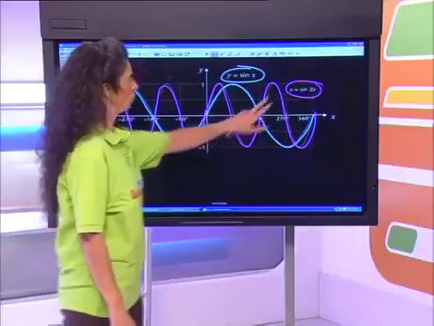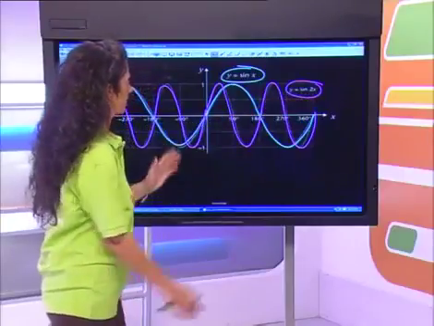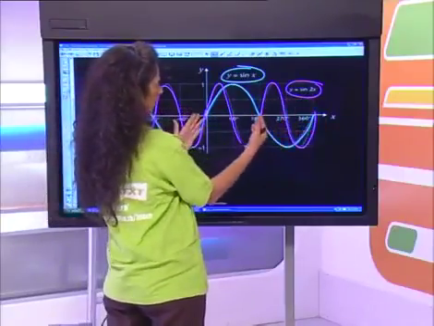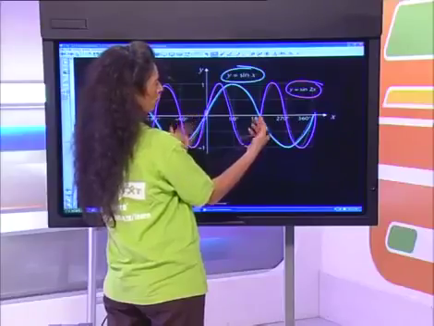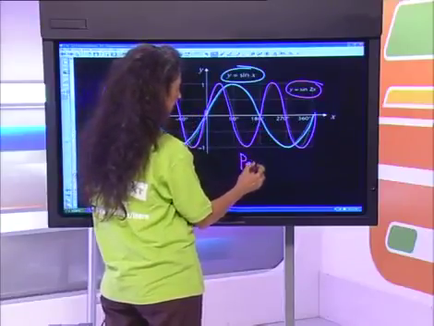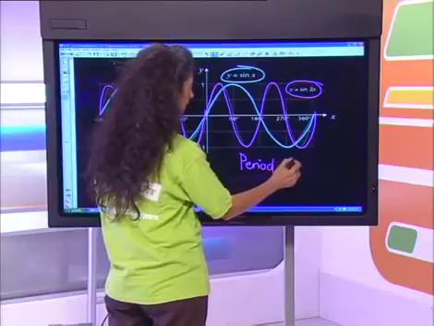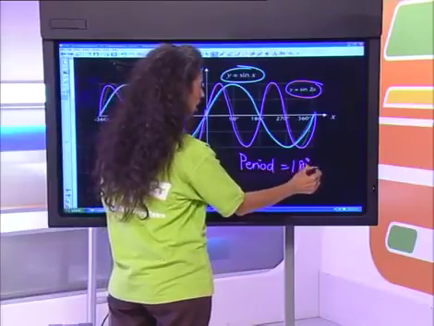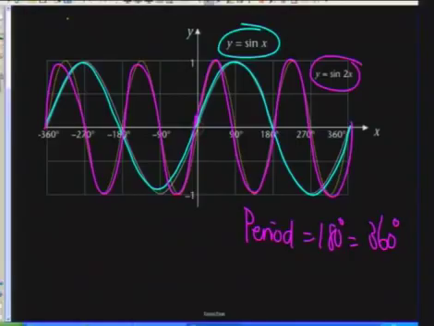So sketching y equals sine 2x has done something to the period. It's halved the period. So the period has now become 180 degrees, or a half of the period of the parent graph, which is 360 divided by 2.